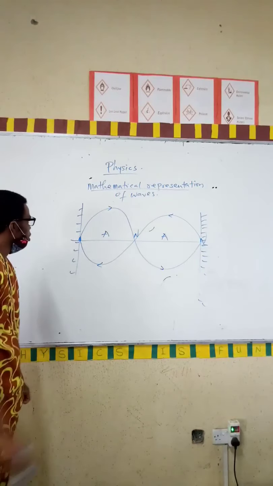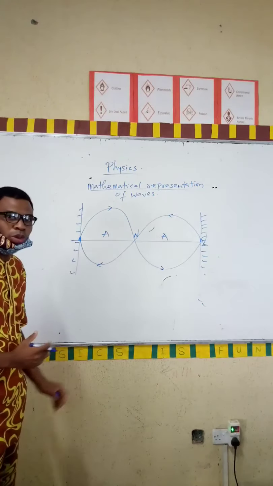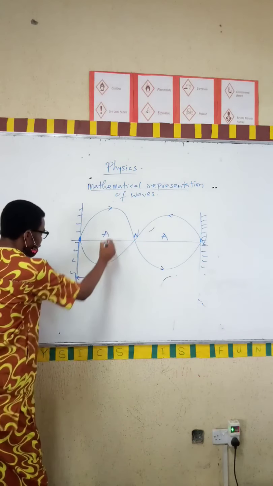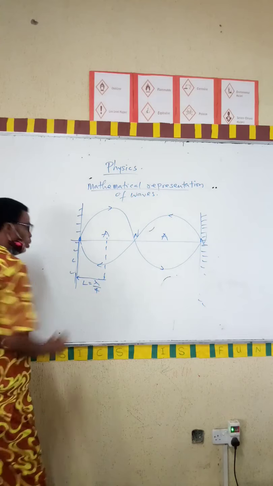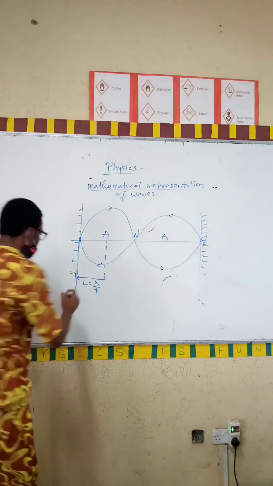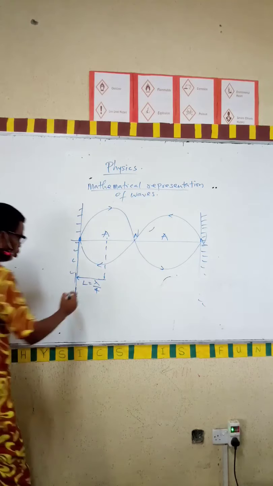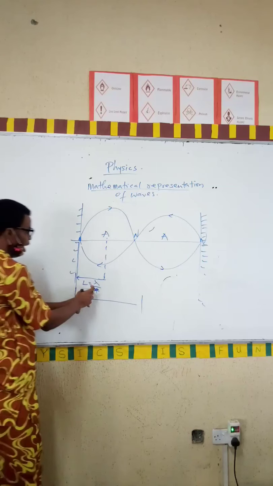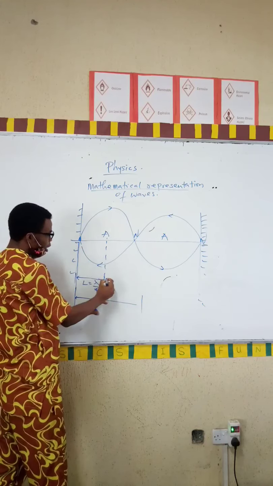And we can get the distance between a node and the antinode. So the distance between node and the antinode, L, is given by lambda over 4. Lambda, or wavelength, over 4. Also, if I take antinode to node here, it's going to give me L equals lambda over 4.